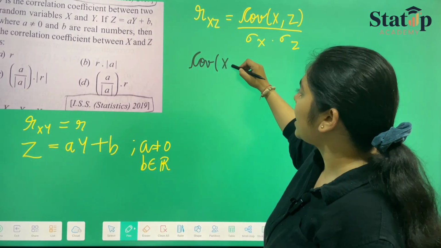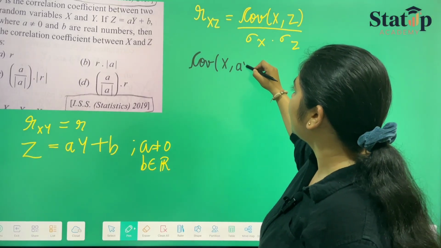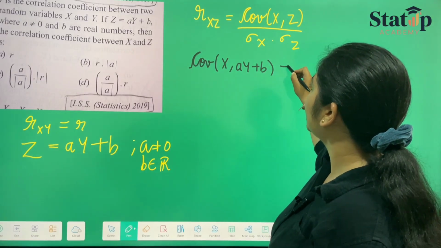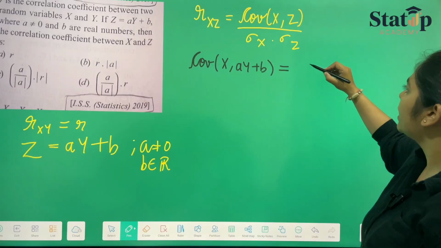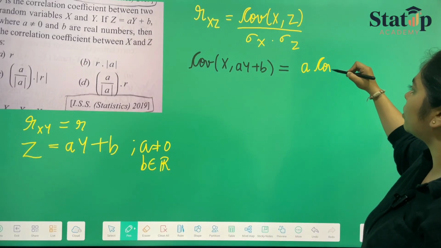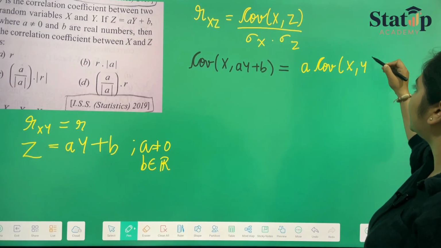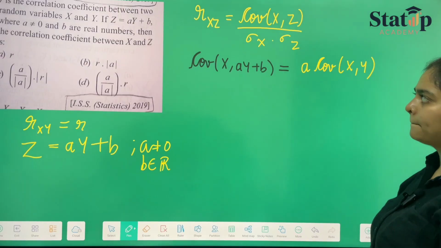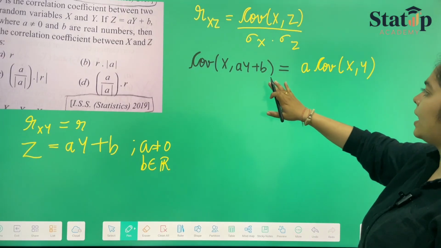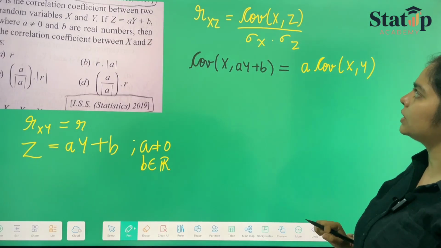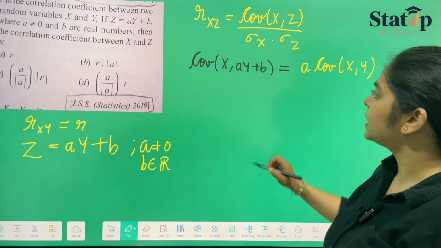Covariance between X and what is the value of Z? It will be AY plus B. Whenever we calculate this, it will be A into covariance of X and Y.